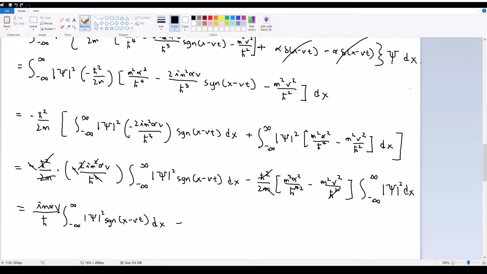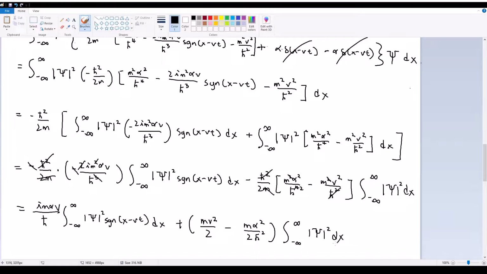The m cancels out with the m here, so I'm going to switch this around and get plus mv squared over 2 minus m alpha squared over 2 h bar squared. And this is the integral from negative infinity to infinity of mag psi squared dx.